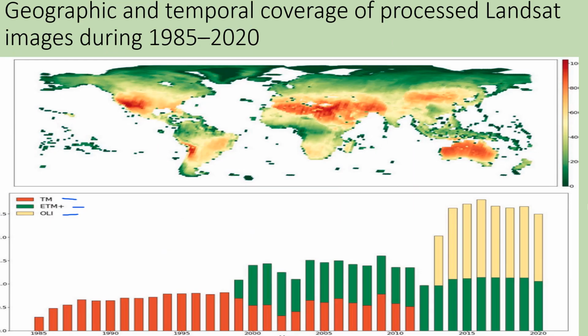So in this slide, the bar chart here is representing the Thematic Mapper, the Enhanced Thematic Mapper Plus, and the Operational Land Imager. And there's a little code there at the top so you can tell which ones are which. And this is ranging from the years 1985 to 2020.